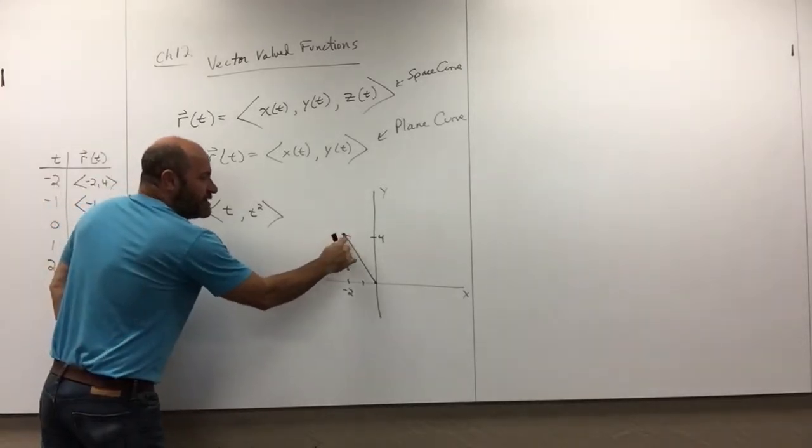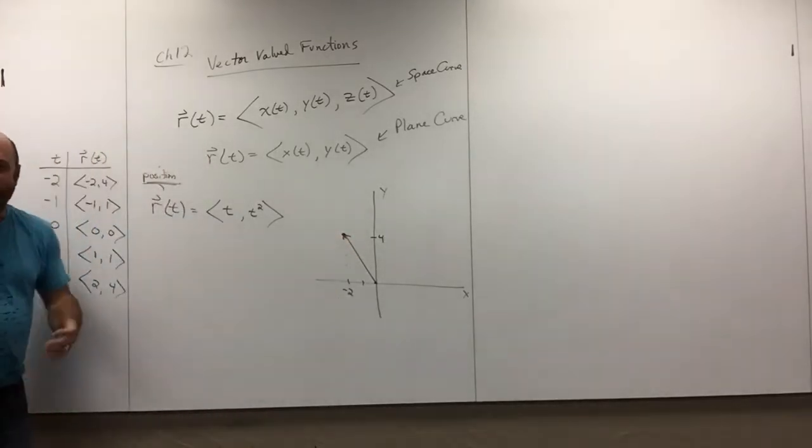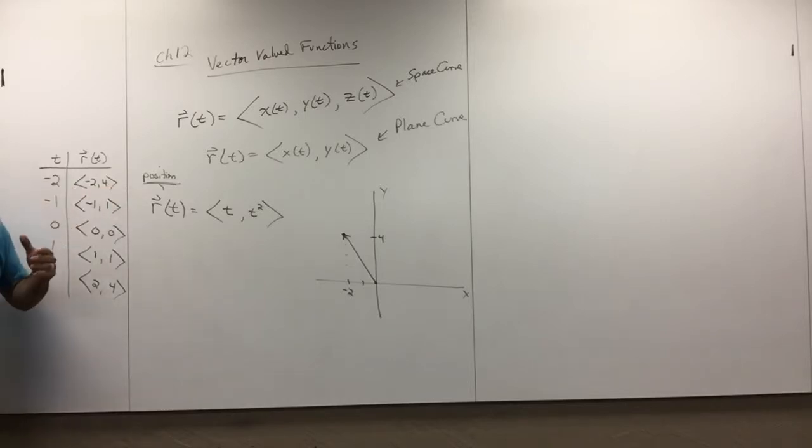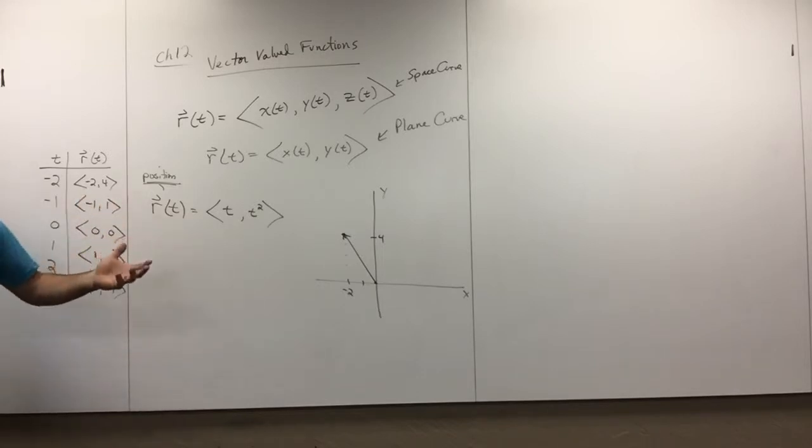You know, I don't like to say that this is a point. It's not a point. It's a vector, but it is the point. I'm sorry. The vector -2, 4 takes me out to the point -2, 4. So there is a definite connection there.